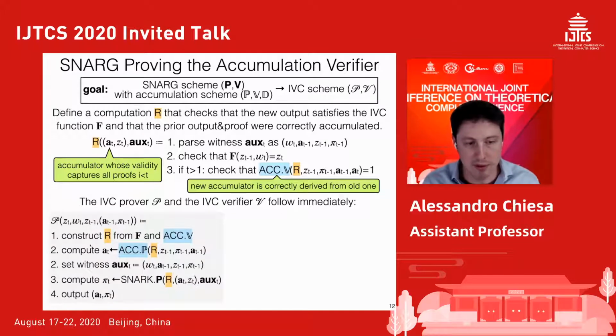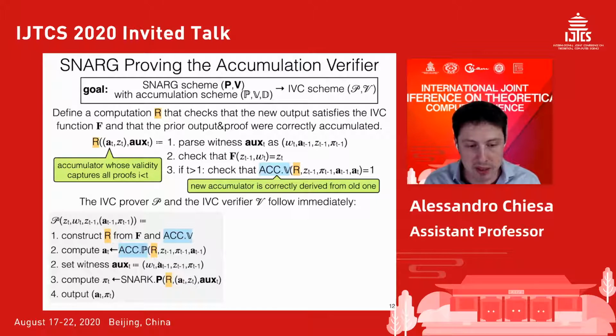The IVC prover will say, OK, please assemble the recursive computation from the transition function and accumulation verifier. Before running the snark prover, accumulate and produce the new accumulator. So here we are. I have the old accumulator, the thing I need to accumulate, and I produce a new accumulator.